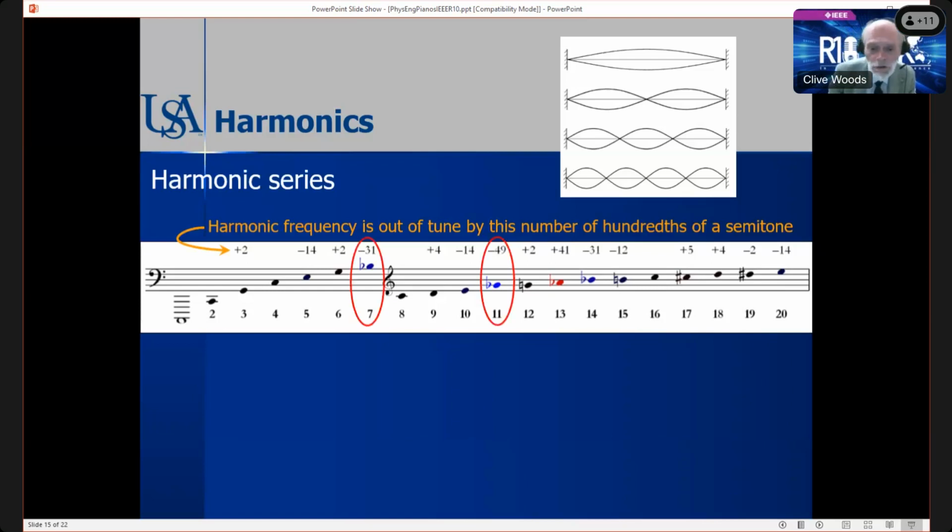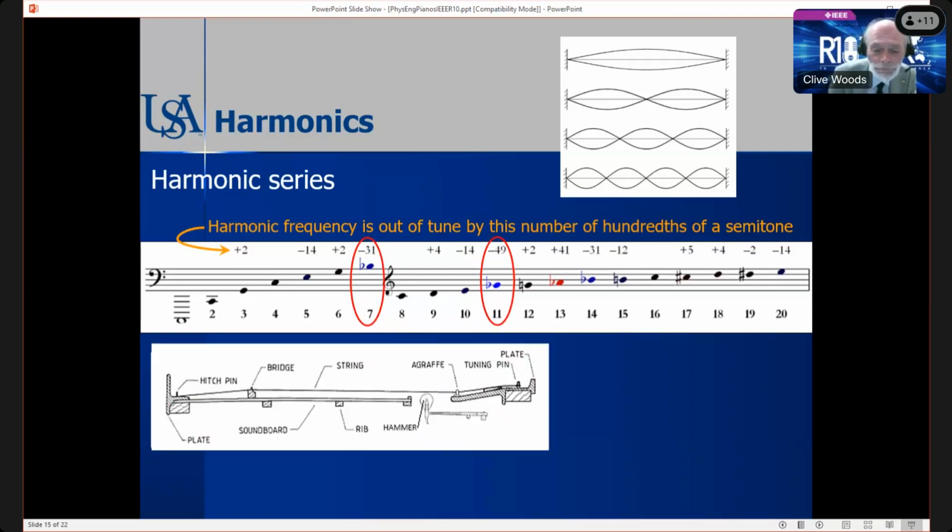And in particular, the 7th harmonic and the 11th harmonic are very, very out of tune. We're not so worried about the 13th harmonic because it's such a high harmonic, there probably isn't very much of it, but certainly the 7th harmonic is nasty, and the 11th harmonic is nasty.